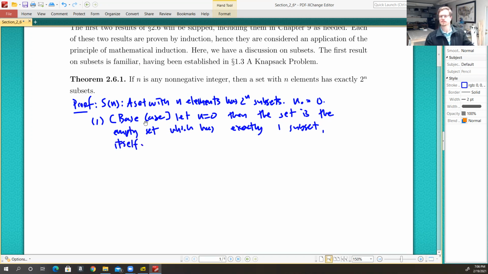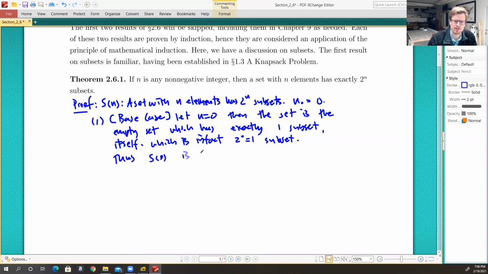The only subset of the empty set is the empty set itself. So, which is in fact 2 to the 0, which is 1 subset. Thus, S of 0 is true, because a set with 0 elements has 2 to the 0 subsets.